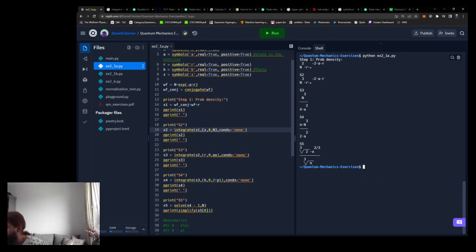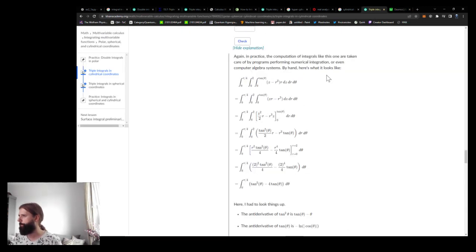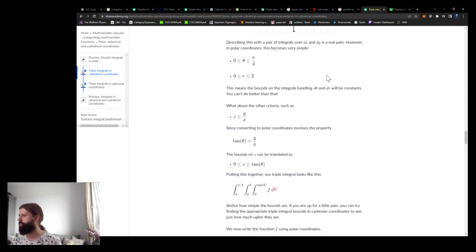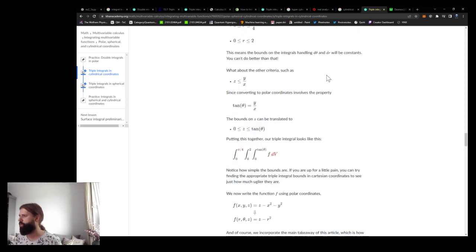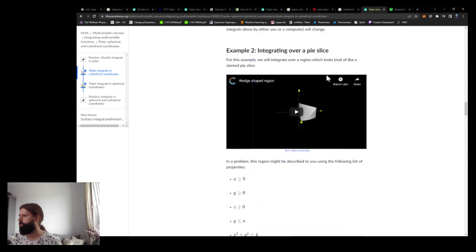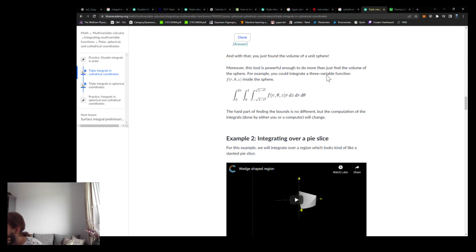Oh man, we first do really first with a z, and then R and then theta.